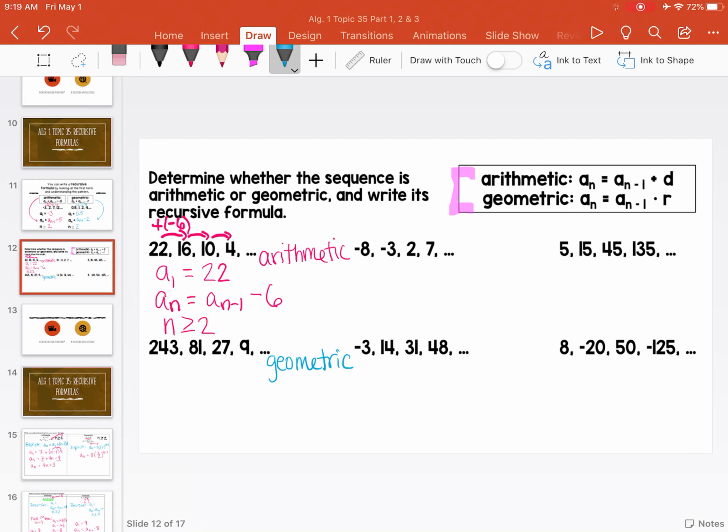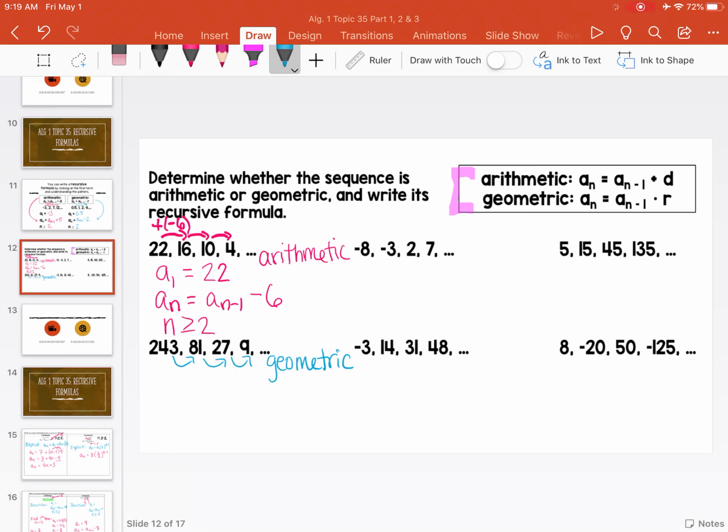Now I know that this sequence is decreasing in value because I'm going from 243 all the way to 81 to 27, and so on. So with geometric sequences, I have to multiply. But because I know that this sequence is decreasing, I'm not going to be multiplying by a whole number. Instead, I'm going to be multiplying by a fraction.